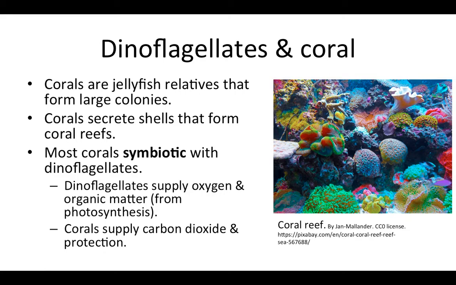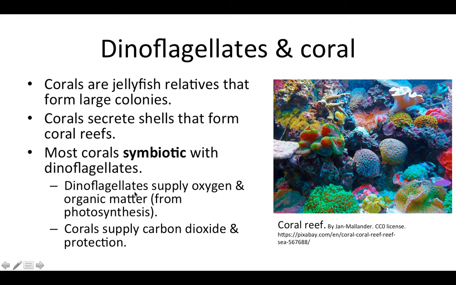Most corals don't live by themselves. Instead, they have a symbiotic relationship with dinoflagellates. A symbiotic relationship is one where the two organisms are intimately connected for at least large portions of their lives. In this case, the dinoflagellate is going to live within the coral, and it's going to exchange materials with the animal.